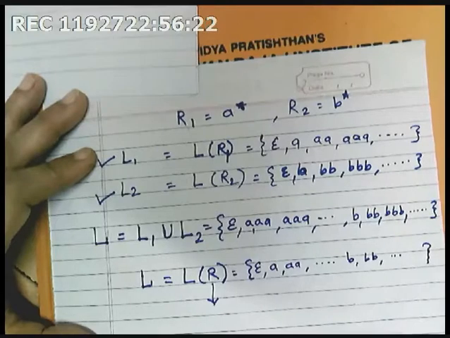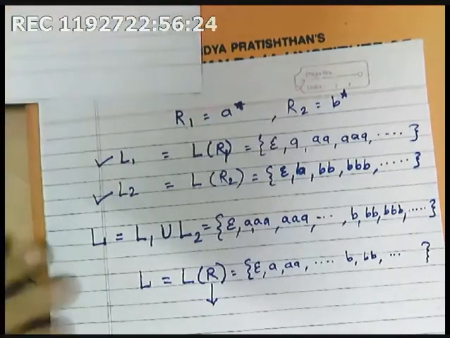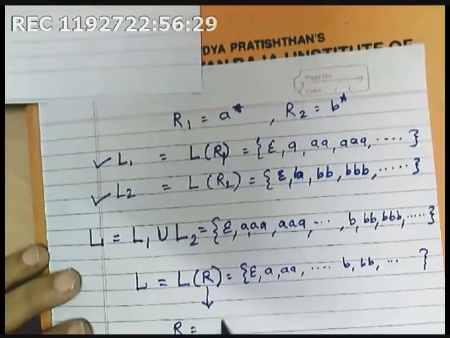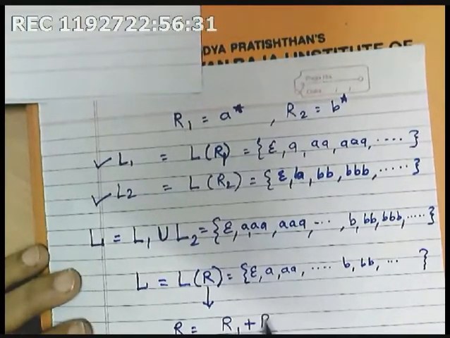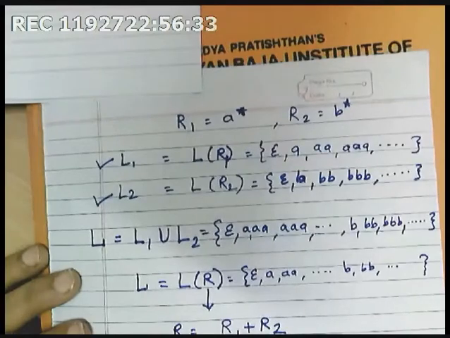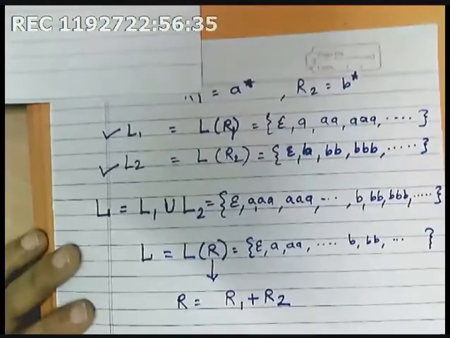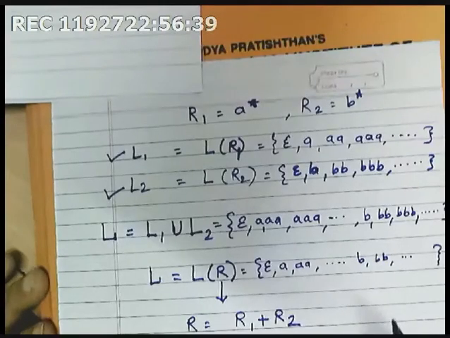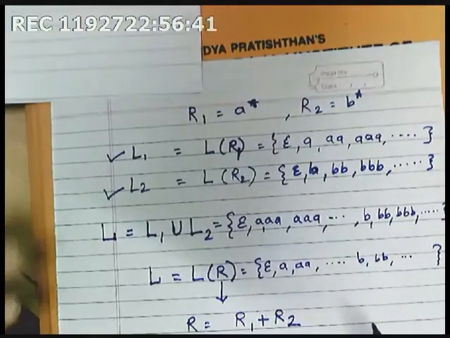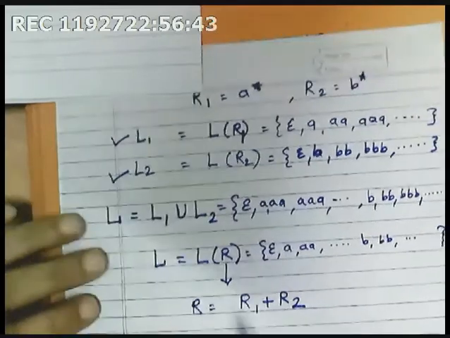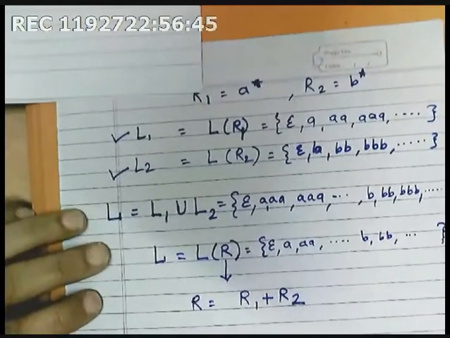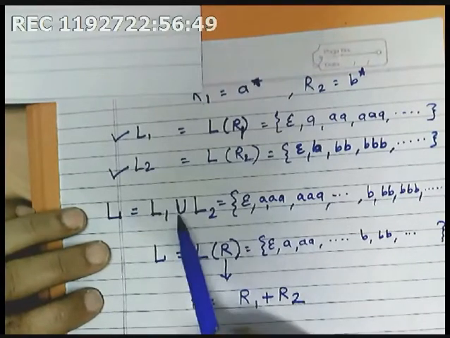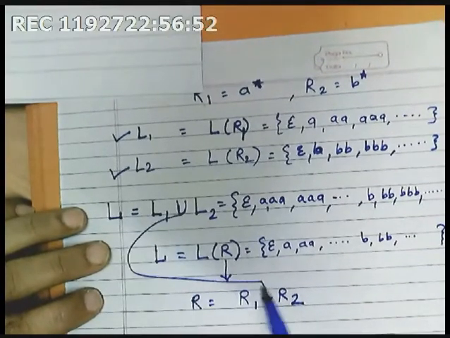So what will be the expression for this? Can I say R is equal to R1 plus R2? Since it is a star, can I write the star here? If it is a star, then anything can come and concatenate with it. So I cannot write that. Here union is nothing but my plus sign.